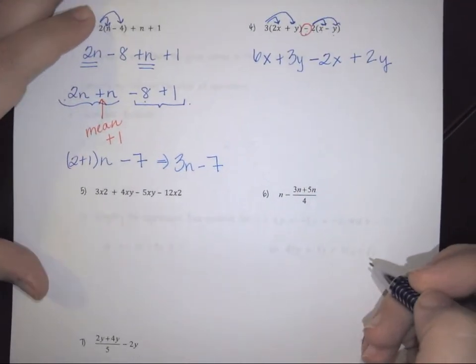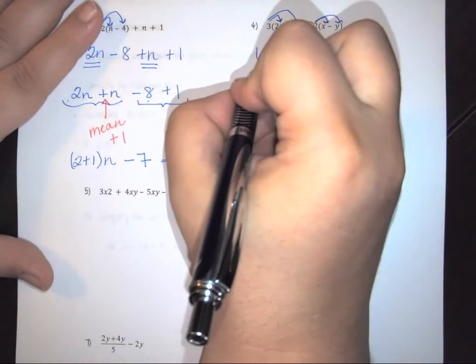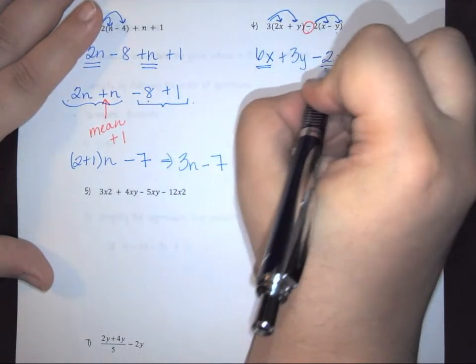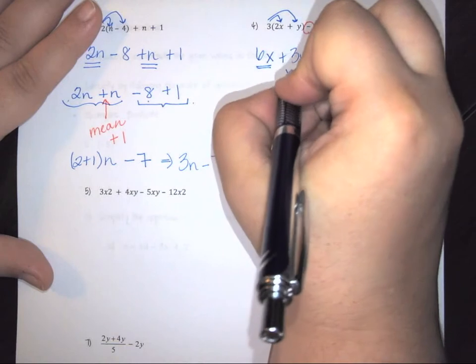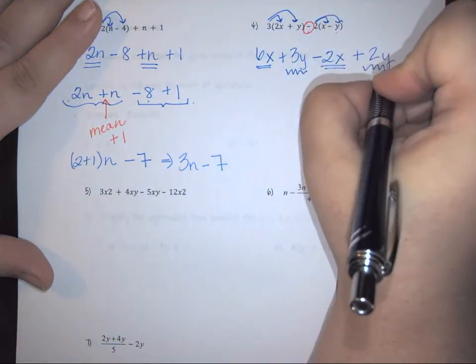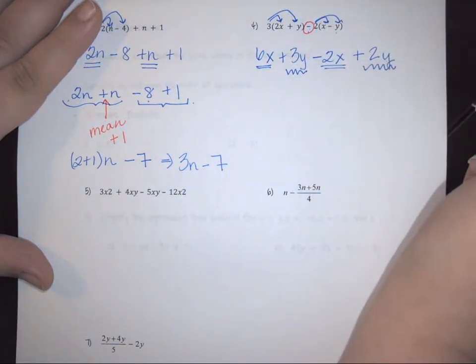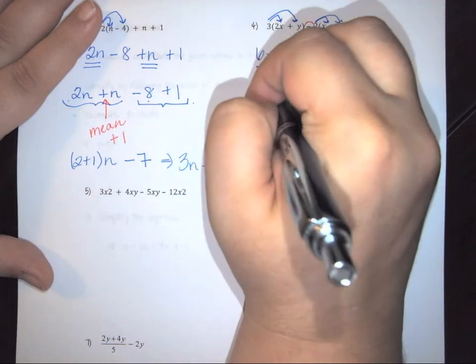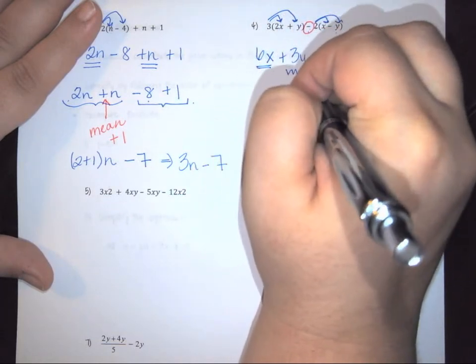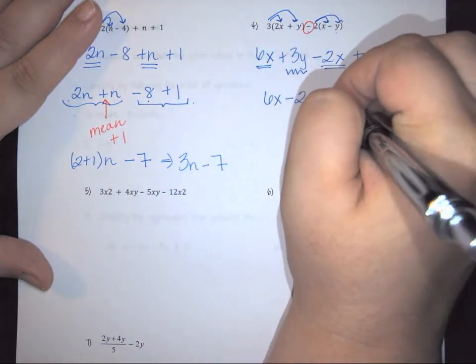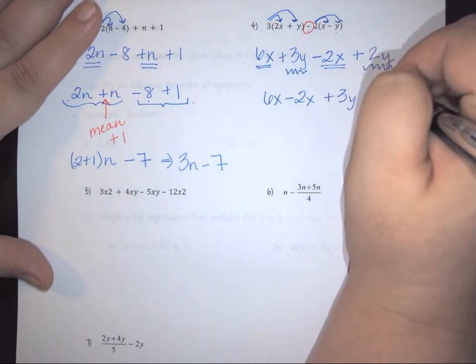Again, I want to group my stuff together, so I have this 6x and negative 2x. I then have this 3y and positive 2y. So I have 6x minus 2x plus my 3y plus my 2y.